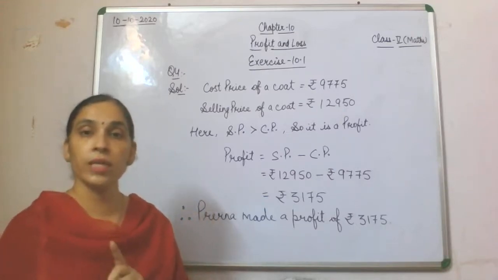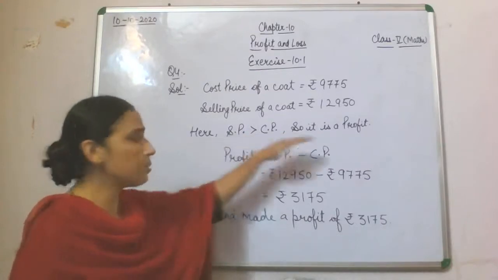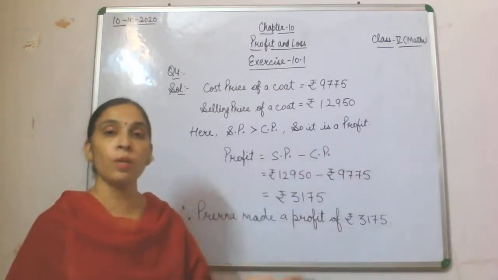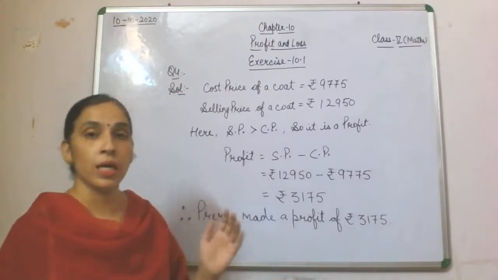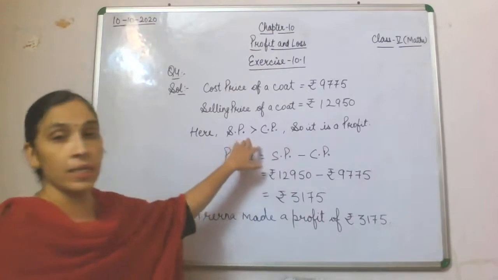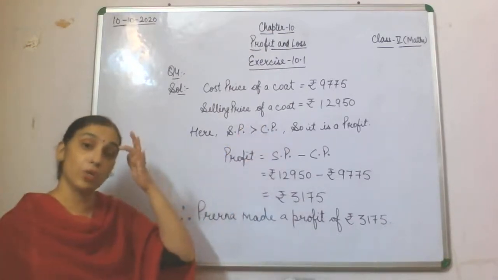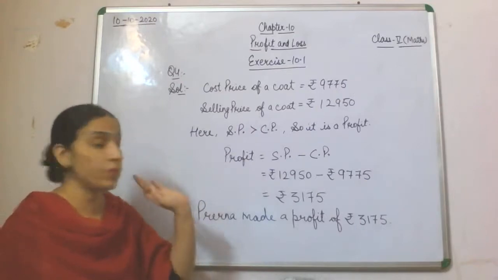In both cases, whether you are getting profit, you are going to write this statement, and if you are getting a loss, in that case also you will write this statement, but that will be reverse. Then selling price will be less than cost price. That you are going to mention.